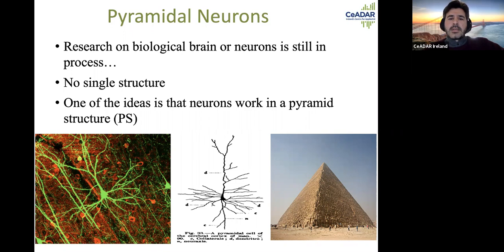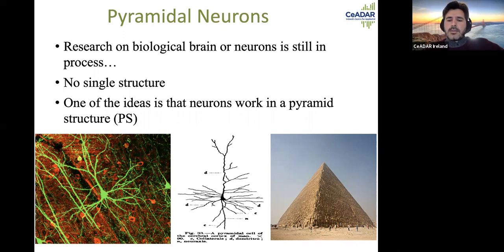We found that there is no single criteria or single structure for these neurons. There are multiple theories, but one idea is that neurons in biological brains work in a pyramid structure. By pyramid structure, I mean that multiple neurons combine to give a decision at the higher level.